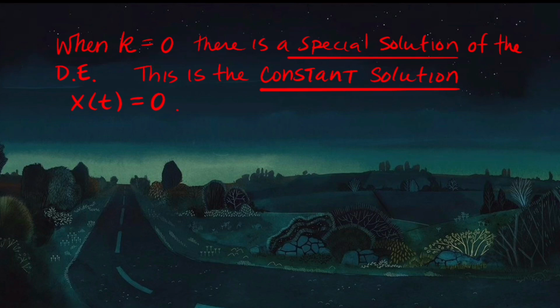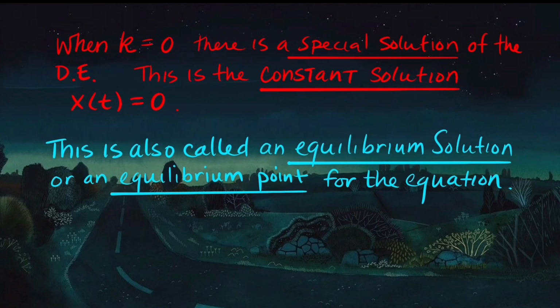And it goes by a special name. It's known as an equilibrium solution or an equilibrium point. A point that is stationary, does not change. Equilibrium solutions are some of the most important in differential equations.